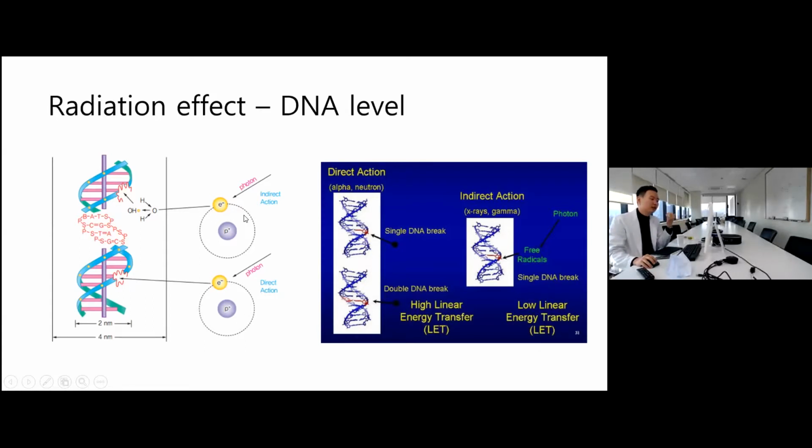So the ionizing radiations are alphas, X-rays, gamma, and the process in which this radiation directly damages biomolecules is called direct action.